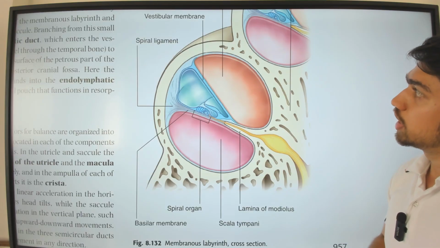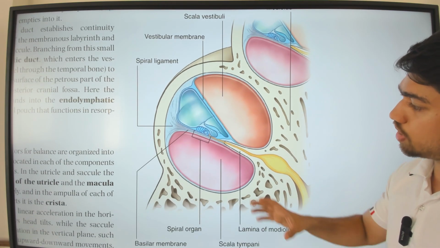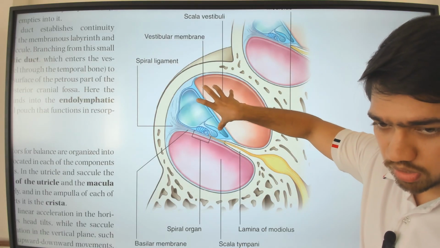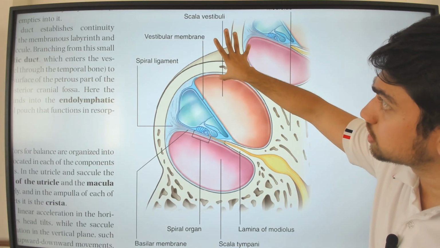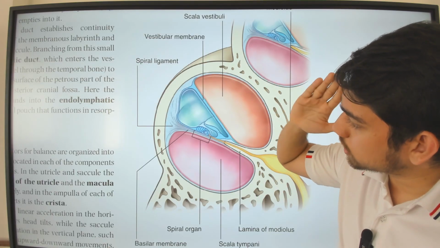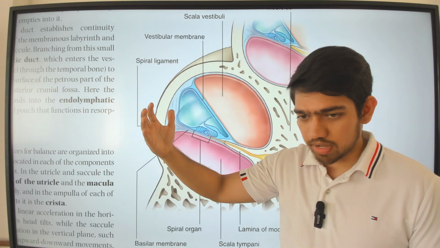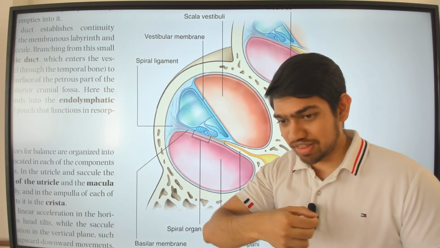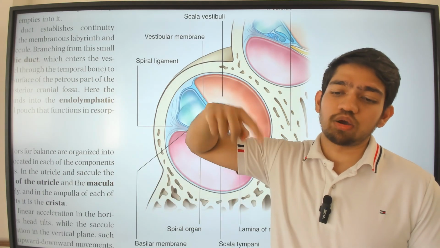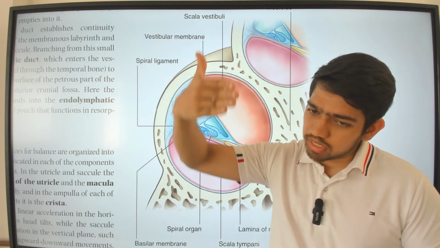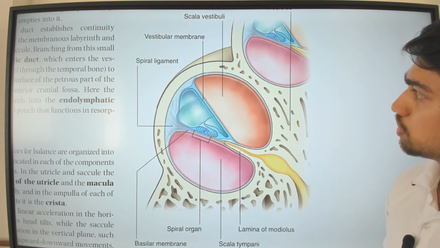When you take the cochlea out, straighten it out, and take a cross-sectional view, this is how it's going to look.